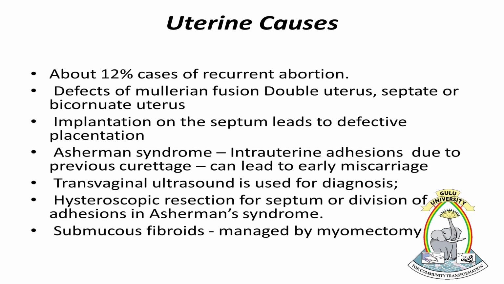So there may be anomalies in their presentation, and that may cause a problem. It may also be because of implantation onto the septum. If you have a septate uterus, if you implant onto the septum, it has a poor blood supply, and then that pregnancy is more likely you're going to lose it.